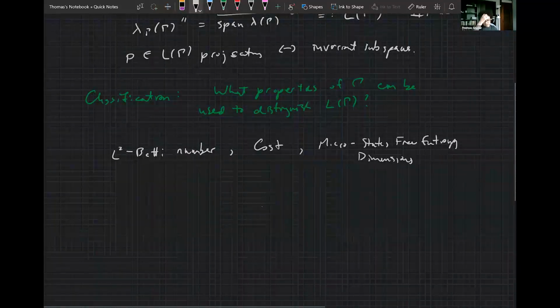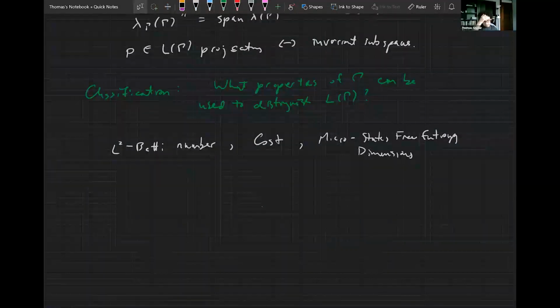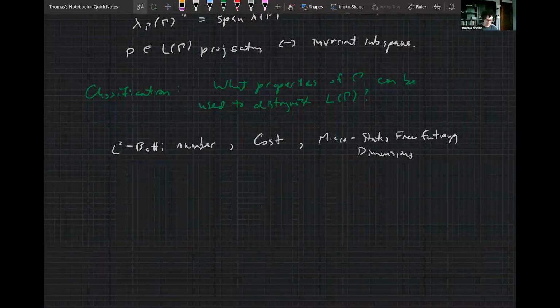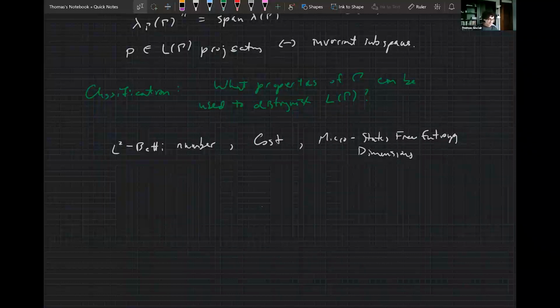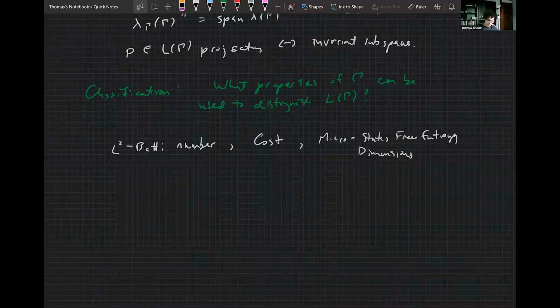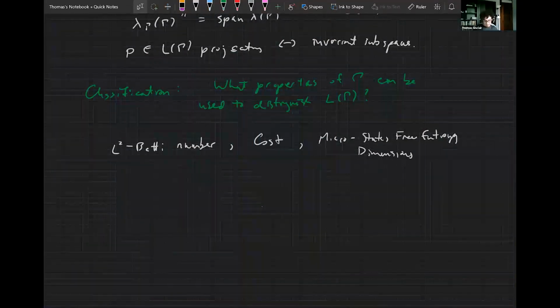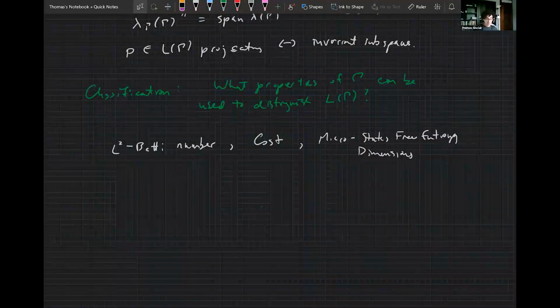These are all numerical invariants. They attach numbers, and those numbers can take a continuum of values. So the question is, are any of these things von Neumann algebra invariants?